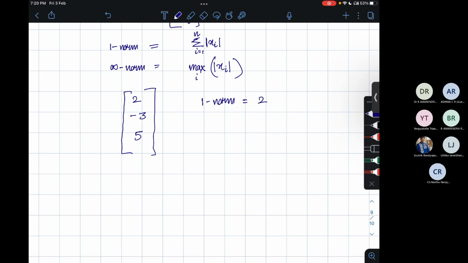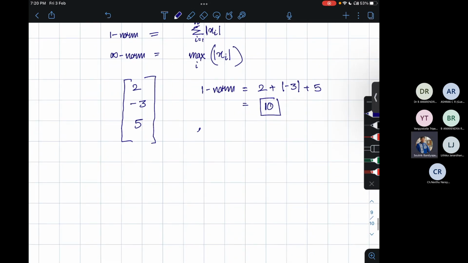So it is 2 plus the absolute value of minus 3 plus 5, which is essentially 2 plus 3 plus 5, which is 10. And the infinity norm is the maximum of the absolute values 2, 3, and 5, which is 5.